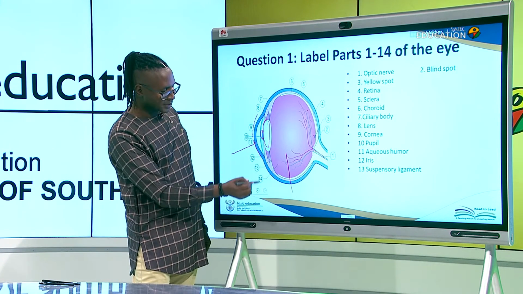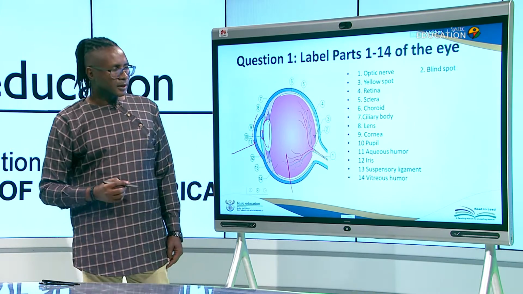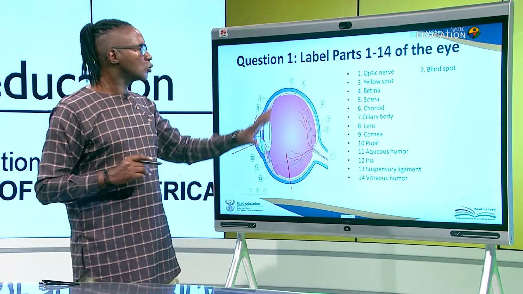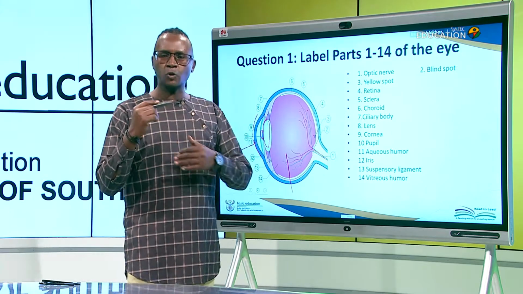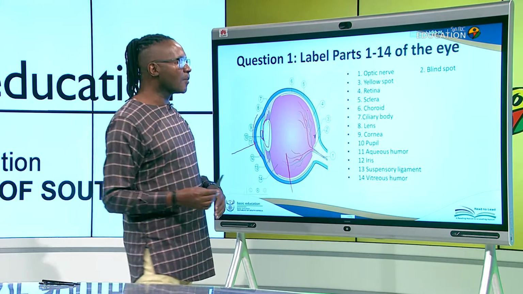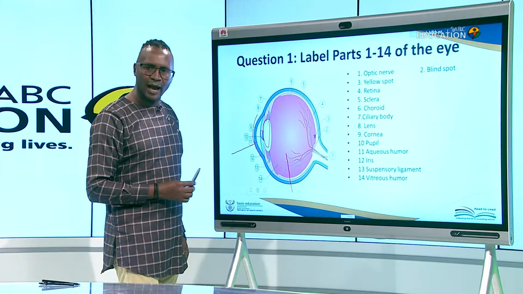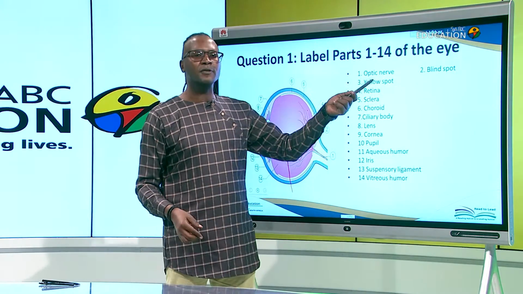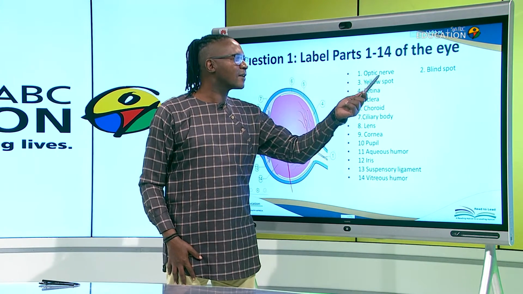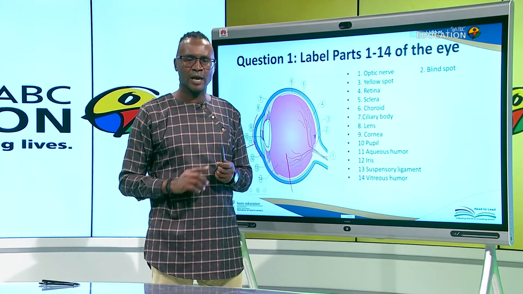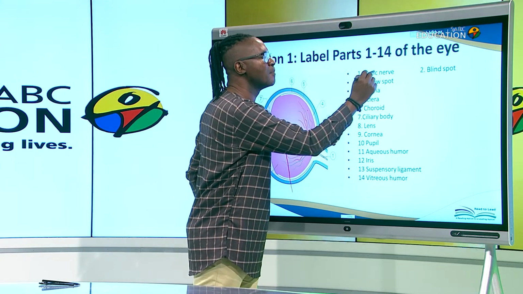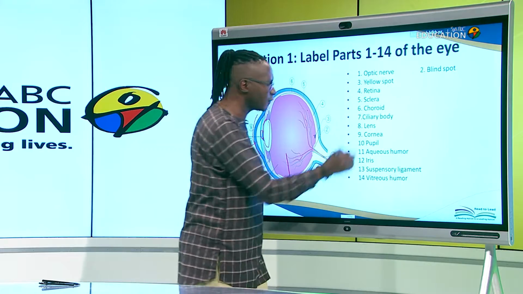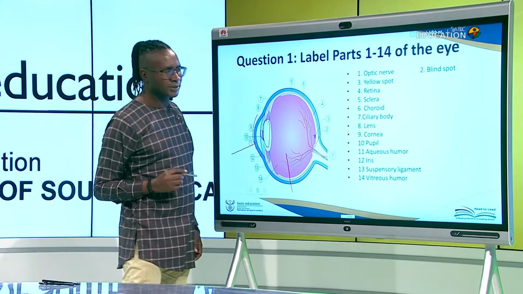And there's your suspensory ligaments. Now, I believe everyone got 14 out of 14. Now, you need to practice this, grade 12s, every day, labeling the structure of the eye. Because after you've labeled this, then you go and write with a different color pen what is the function of the optic nerve? It is to take the message, the electric impulse, out of the eye into the cerebral cortex.